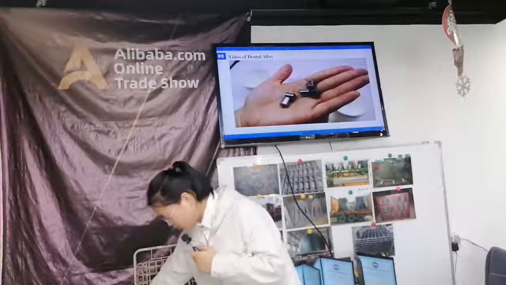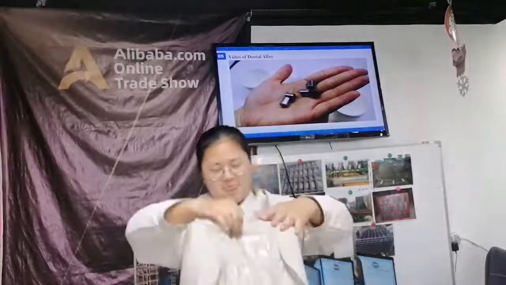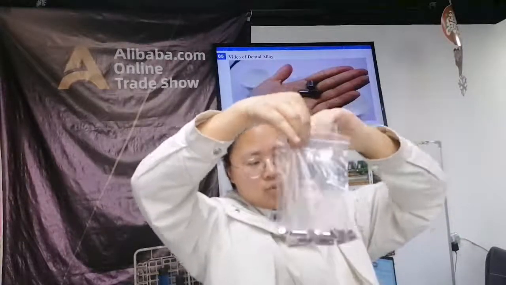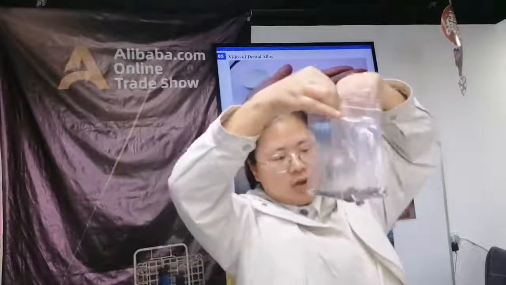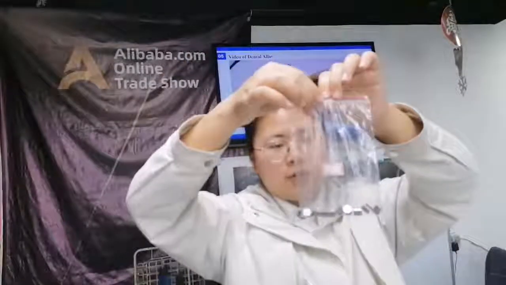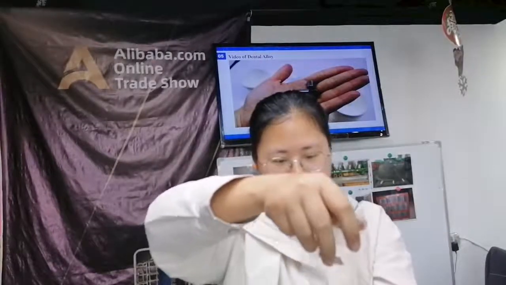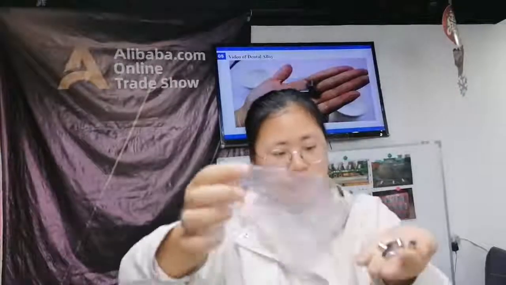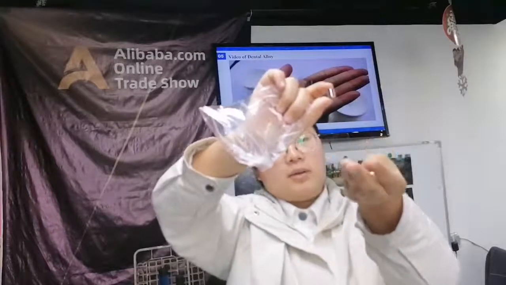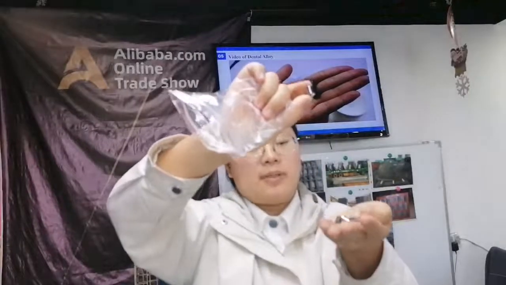Next, I will show some samples for you. You can see we have two types of dental alloy. This one is cobalt chromic dental alloy. You can see the diameter is 6 mm and the length is 8 mm.